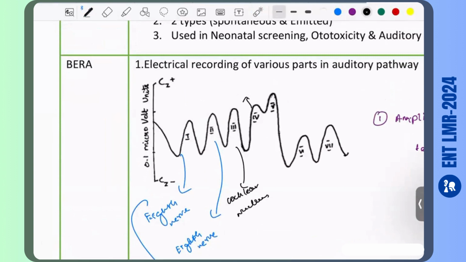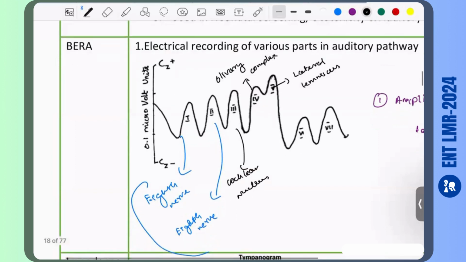The fourth is for the superior olivary complex. The fifth is for the lateral lemniscus. The sixth and seventh are for the medial geniculate body, and in some cases the auditory cortex.